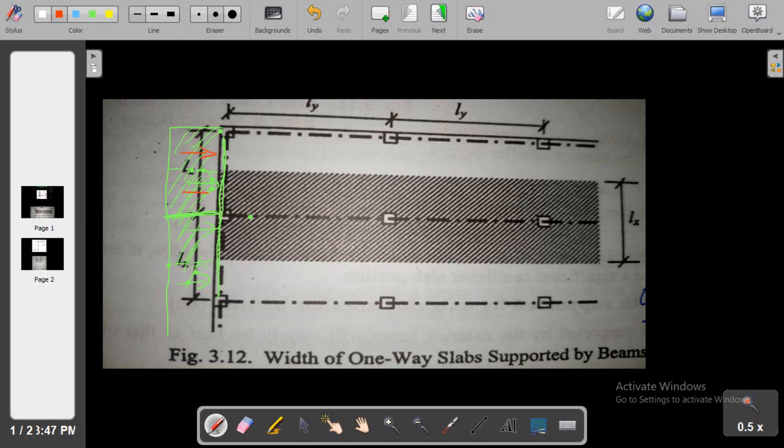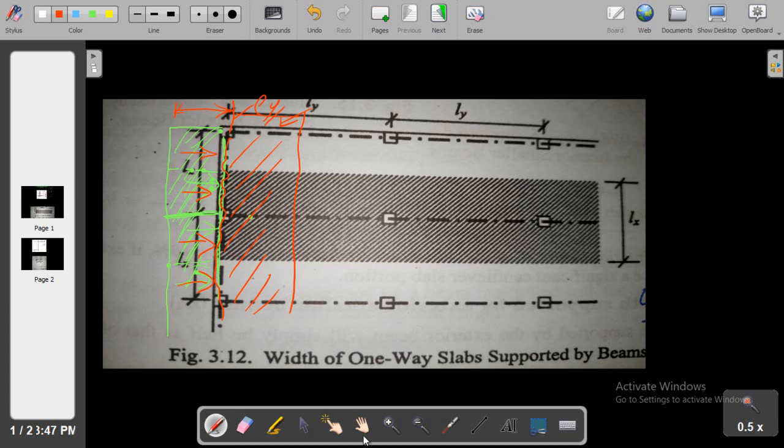This is very, very important. This total cantilever loading will be transferred to this beam, along with half of this Ly, that is Ly divided by 2, and this cantilever portion length.